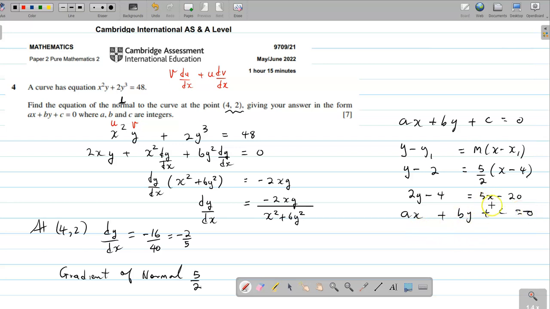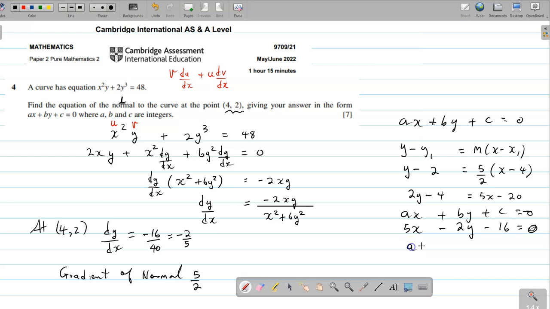So it means that a is 5 and b here would be minus 2, c there would be minus 16, and here we have the form required.